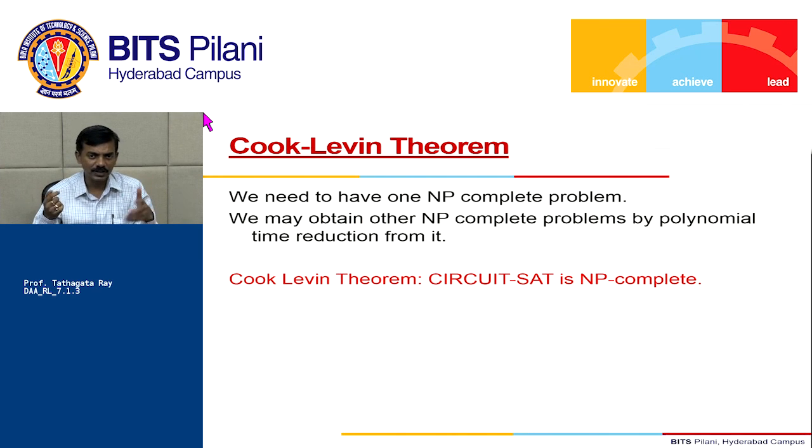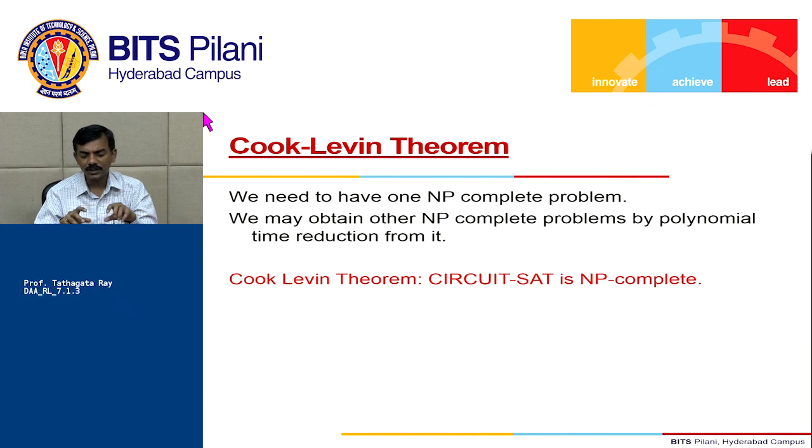That's called the circuit satisfiability problem. We already showed that that problem is in NP. Cook and Levin showed that it is not just in NP, it is NP complete.